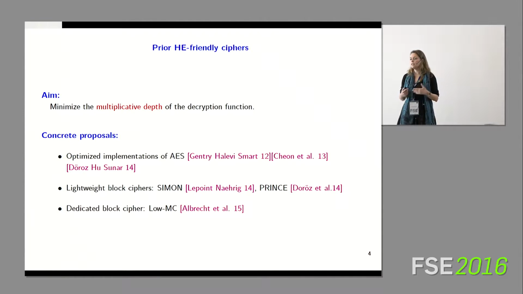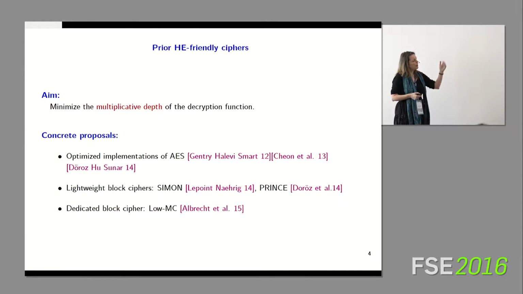The reason is that these lightweight ciphers have been designed in order to minimize the circuit area. So they have a quite simple round function, but the counterpart is that they have many rounds. And a large number of rounds is, of course, very bad in our case, because this corresponds to a high multiplicative depth of the cipher.